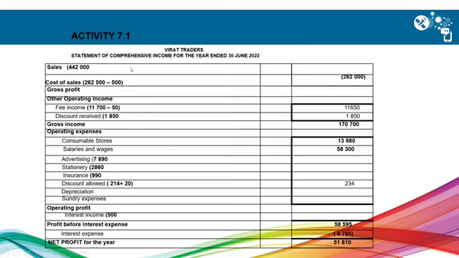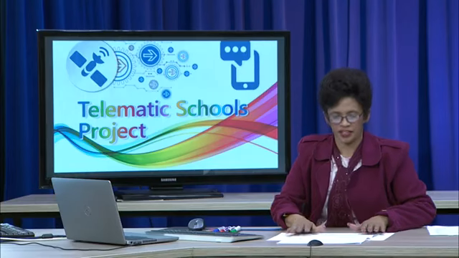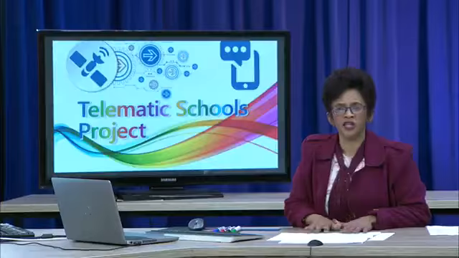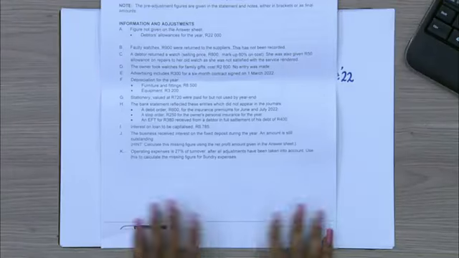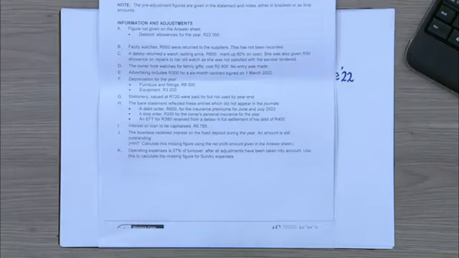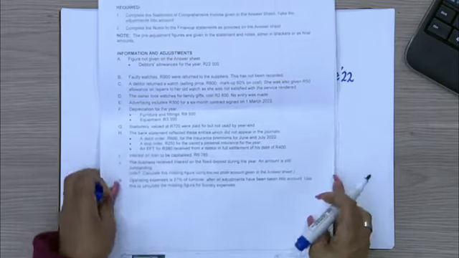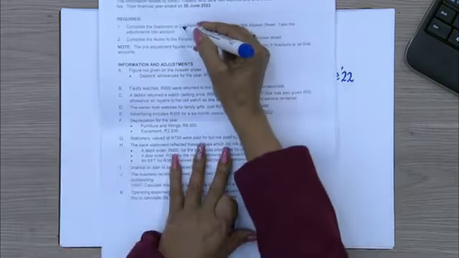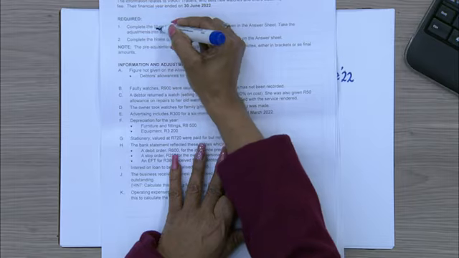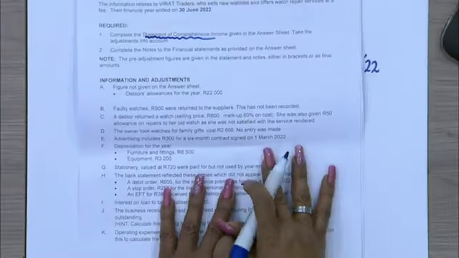So at this point in time, grade 10s, we will be looking at our adjustments. Let's look at our first adjustment. Our first adjustment reads, so we are supposed or required to do the statement of comprehensive income. So that is what we are required to do.